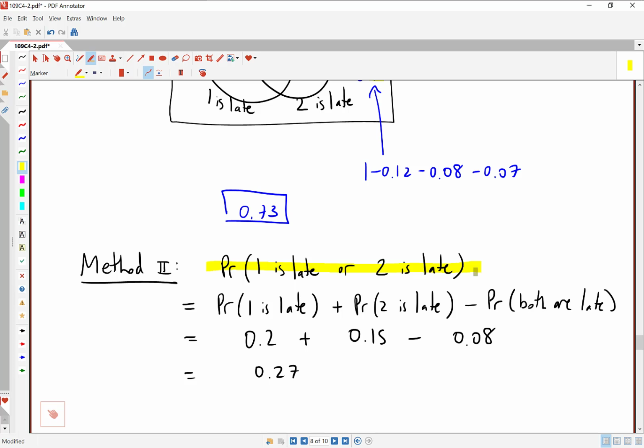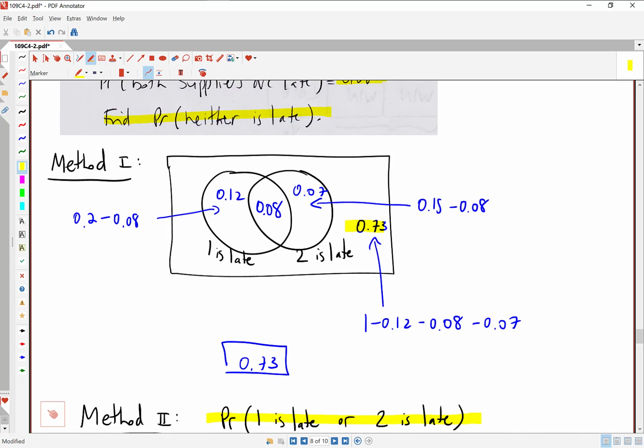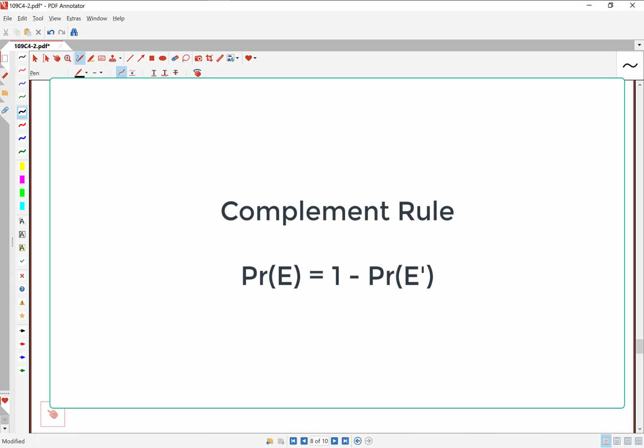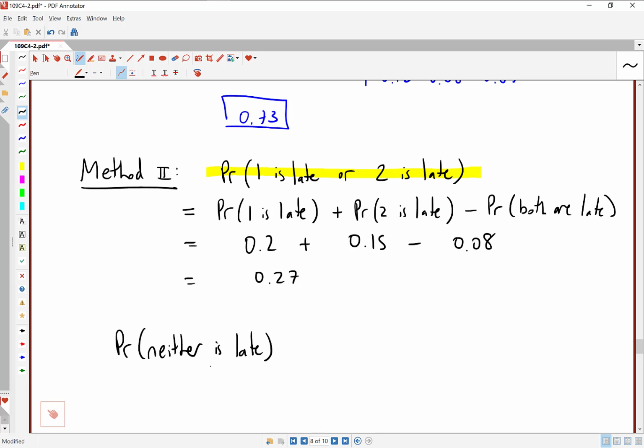And that's not quite what we want in the problem. Let's go back and see what the problem is asking. We're trying to find the probability that neither is late. Well, neither being late is the complement of 1 is late or 2 is late. So we're just going to say probability that neither is late is 1 minus the probability that 1 is late or 2 is late.